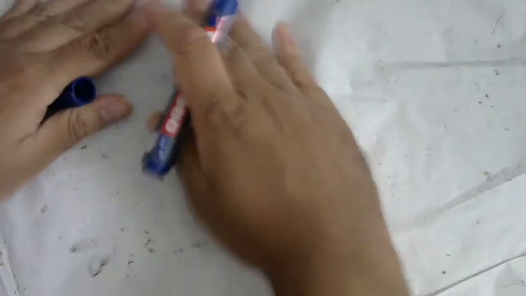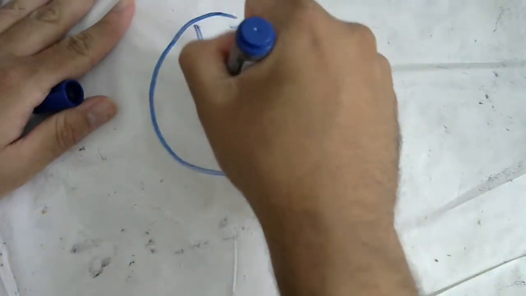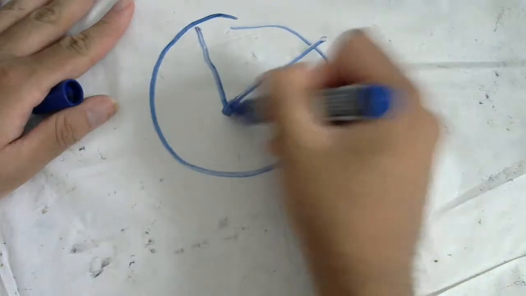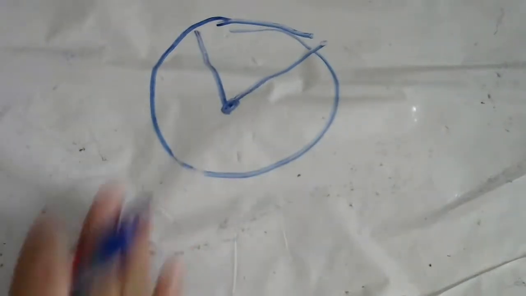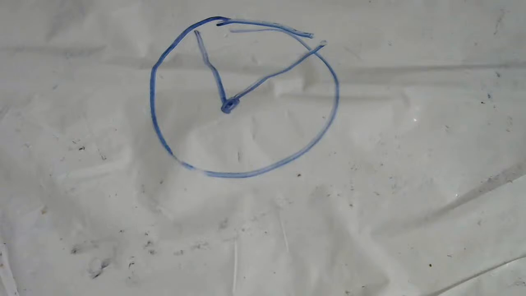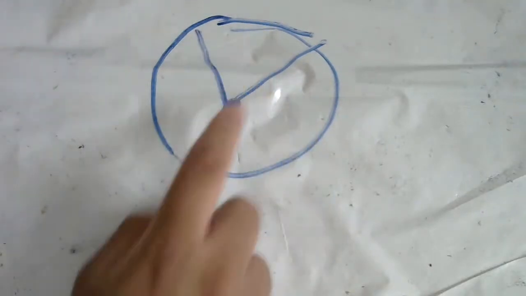If you have a circle and it's cut by two radiuses, it looks like this. There's a radius there, there's a radius there, and there's the center of your circle. I know it doesn't look like a center, but there we go. What are the two names? What's the name of the small bit and what's the name of the big bit?